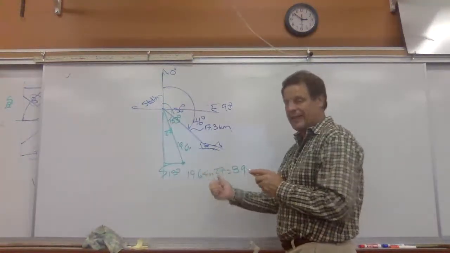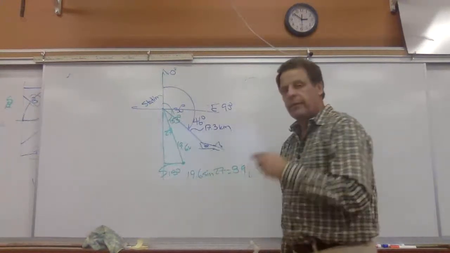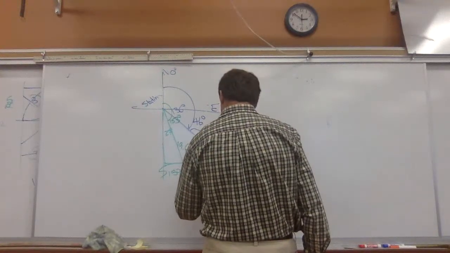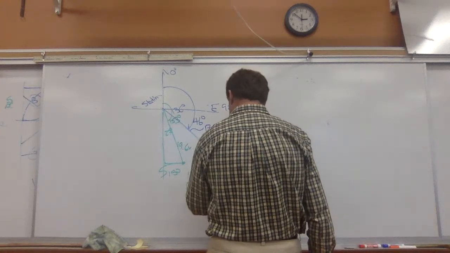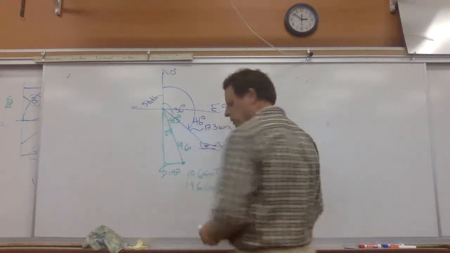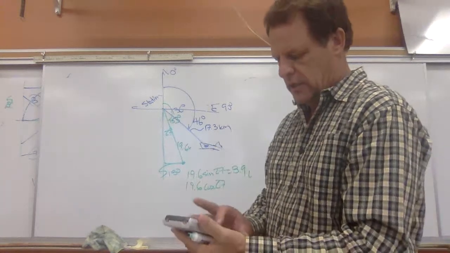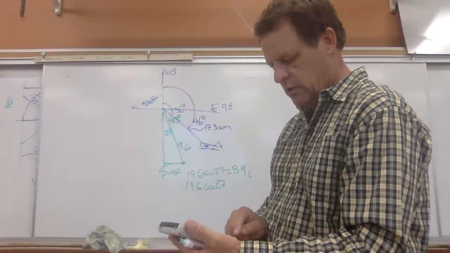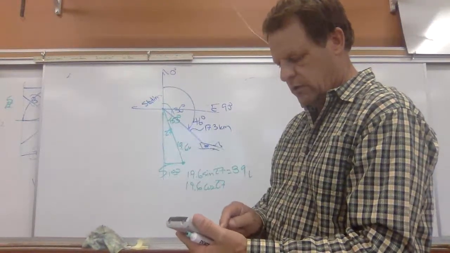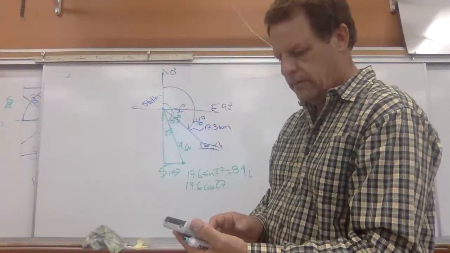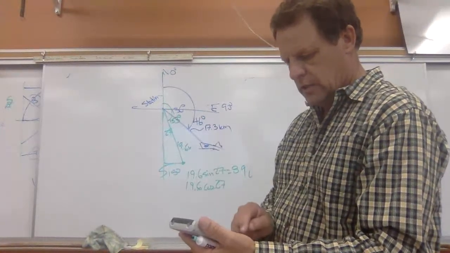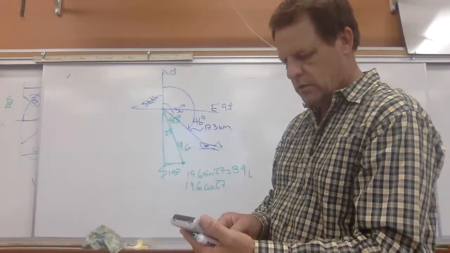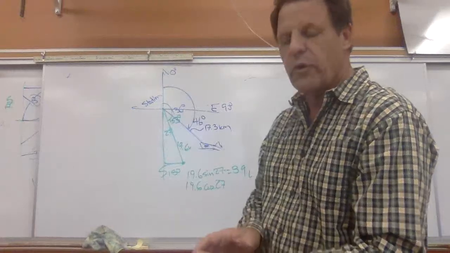And since that's going in the east direction, we're going to call that I, kind of in the same way we did with that other problem. So if we go 19.6 cosine 27, we're going to get 17.46.